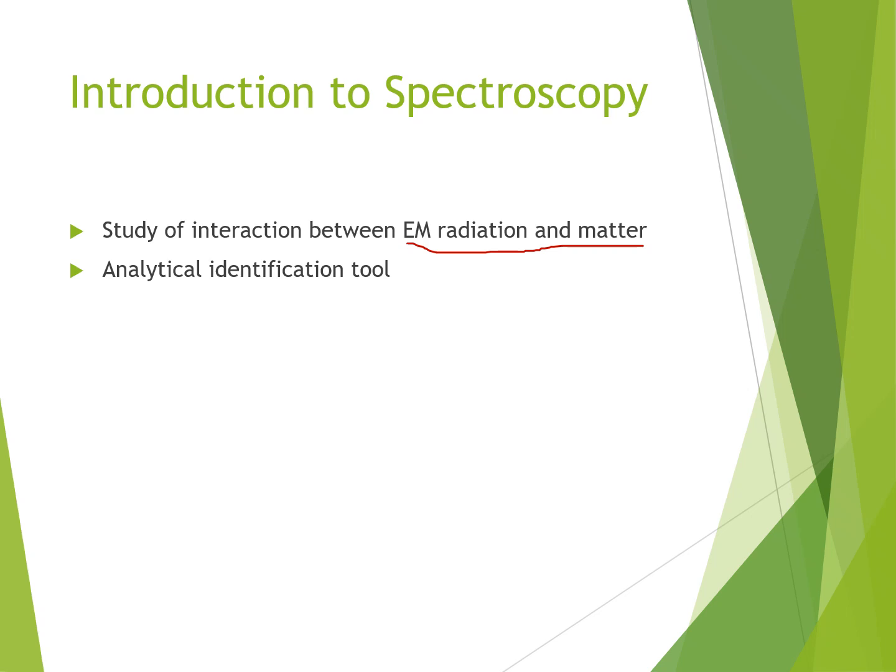So spectroscopy is a very useful analytical technique used to identify molecular structure and concentration, and we can also study unknown compounds and unknown molecules. Fluorescence spectroscopy belongs to this broad family of spectroscopic techniques, and it is a very important analytical tool to identify any unknown compound sample.